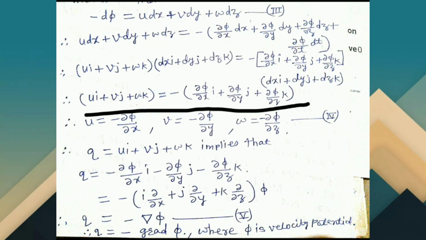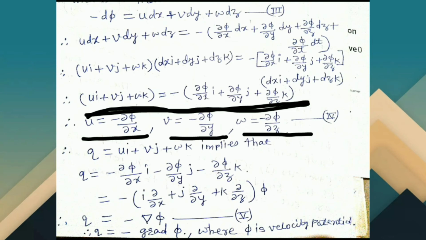We get this. So if we compare these two, what do we get? We get u is equal to minus dou phi by dou x, v is equal to minus dou phi by dou y, and w is equal to minus dou phi by dou z.